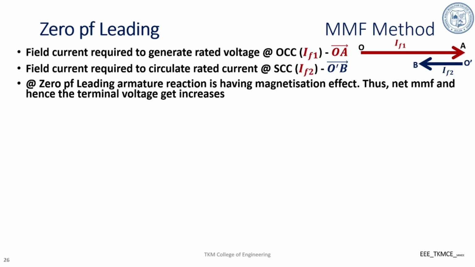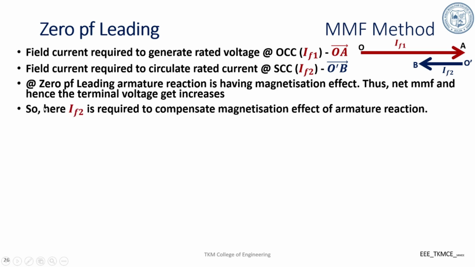So as load current increases, net MMF and hence the terminal voltage gets increased. So as load current increases, an additional flux is generated by means of armature reaction. So under loaded condition, this much flux is not required. So IF2 is required to compensate magnetization effect of armature reaction under zero power factor leading.